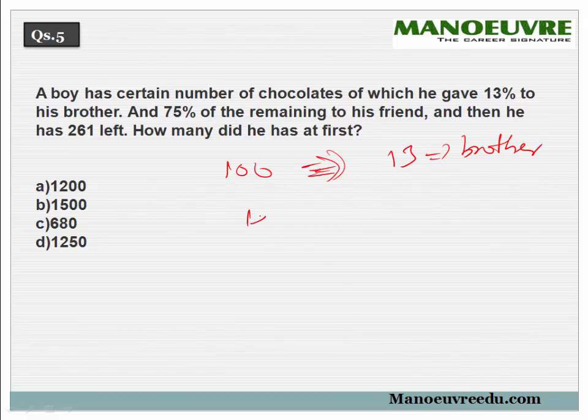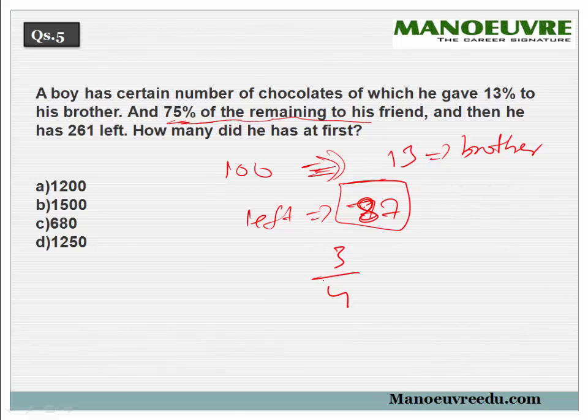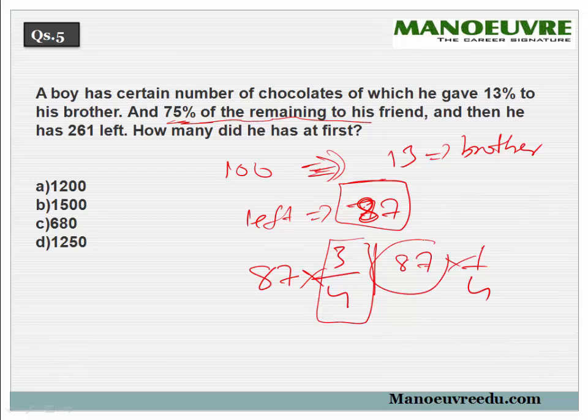So he is left with 87. Sorry, 87. It is 87. And 75% of the remaining is this one. 75% in fraction is 3 by 4, guys, into 87. 75% of the remaining to his friend, which means he is left with 1/4. 75% he has given, so he is left with 1/4, which is 25% of this.